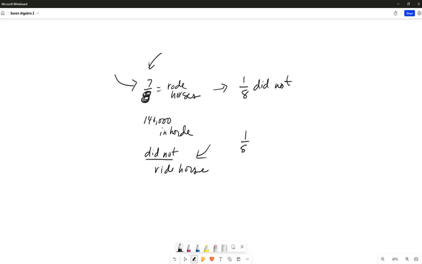So we're going to do 1/8 times the 140,000 total equals the number that did not ride horses. So 8 goes into 140,000 17,500 times, the number that did not ride horses.